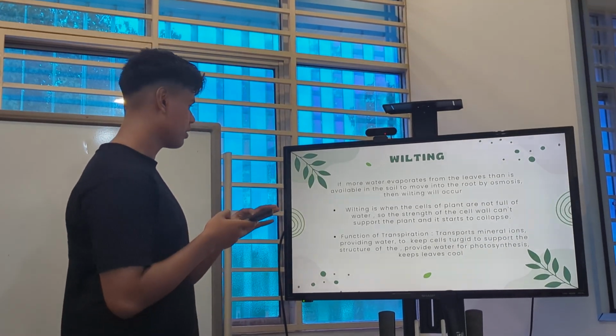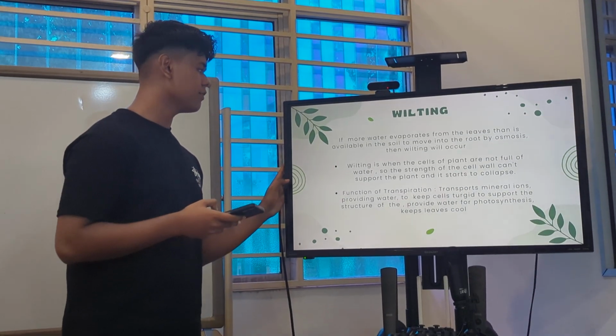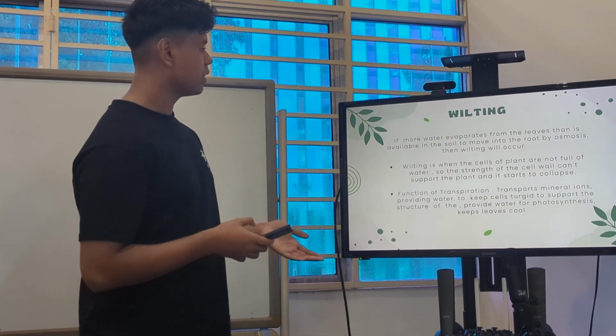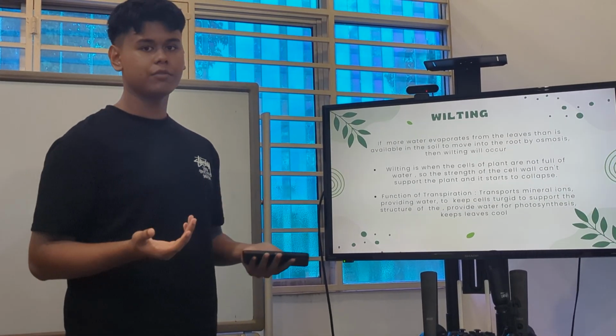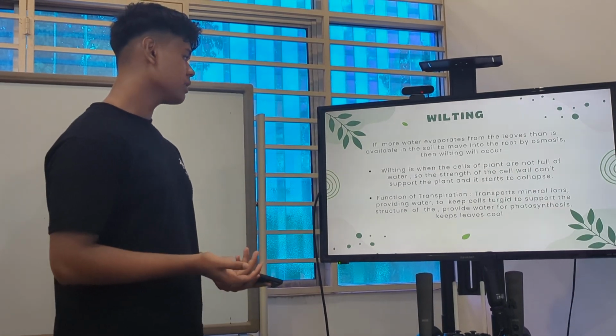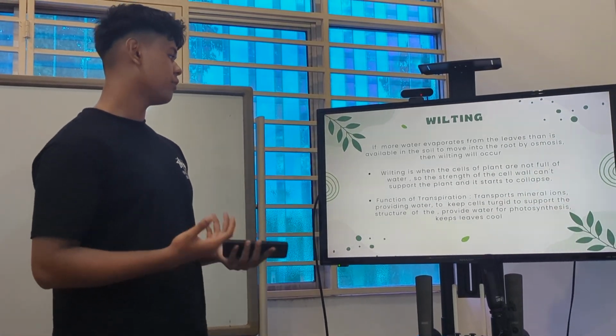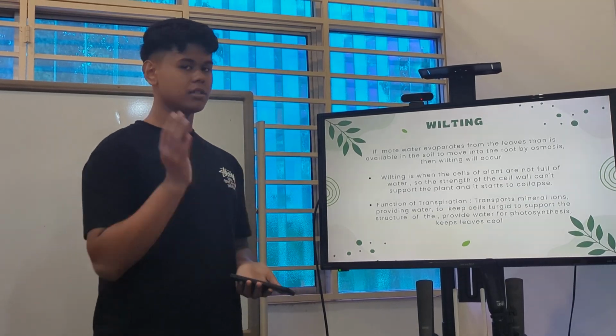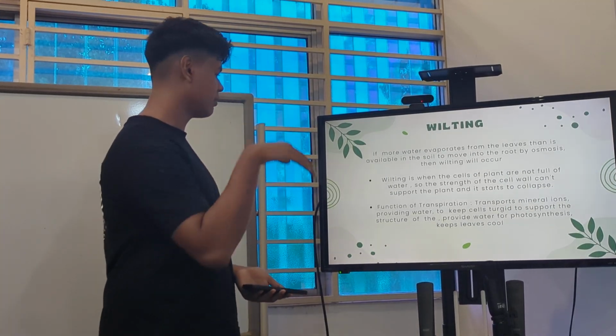Wilting. Okay. If more water evaporates from the leaf than is available in the soil to move into the root by osmosis, then wilting will occur. So basically not enough water for the plants, and when that happens, the cells of the plant are not full of water, so the strength of the cell wall can't support the plant and it starts to collapse. So bad.